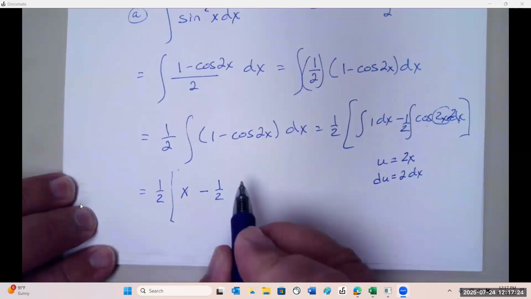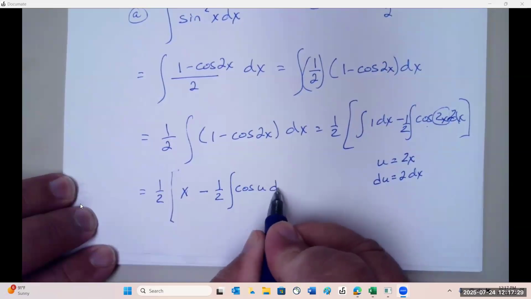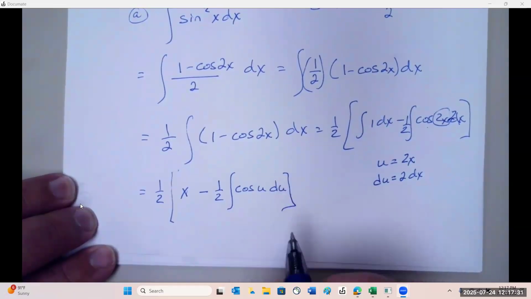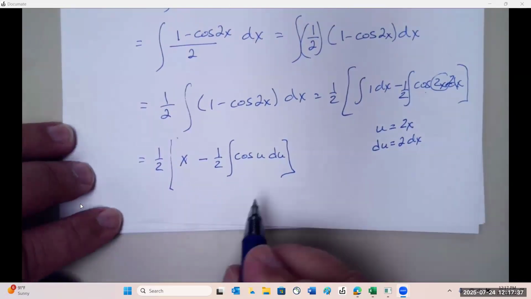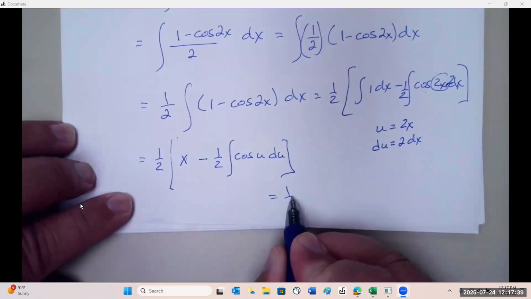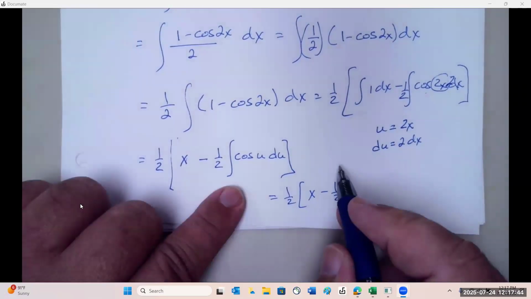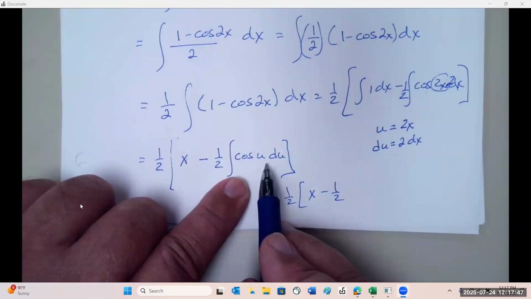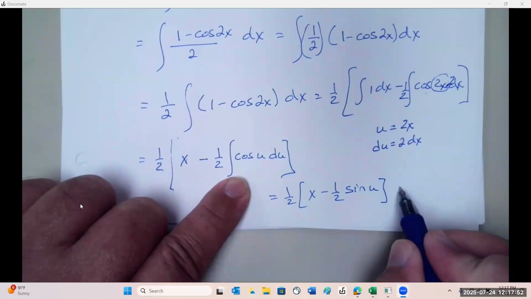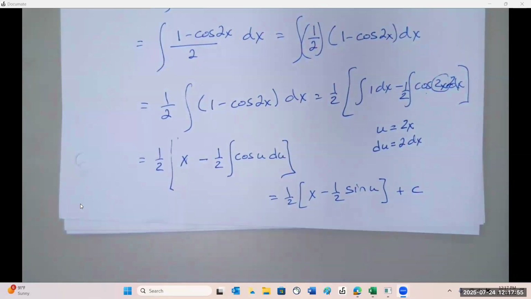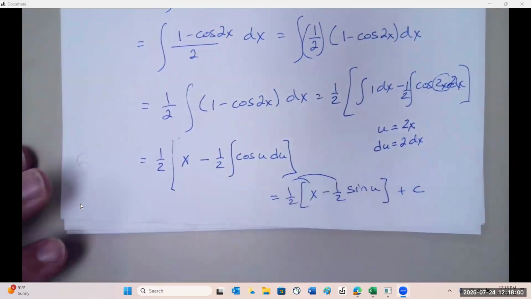So it gives us 1/2 the integral of cosine u du. So 1/2 x minus 1/2 (what is the integral of cosine u?) sine u. All this plus c. Distribute that 1/2 in front.